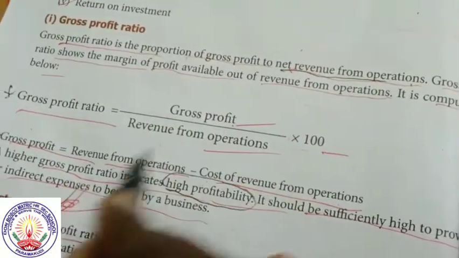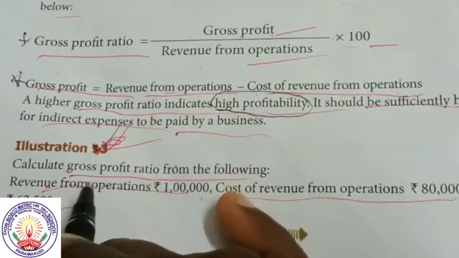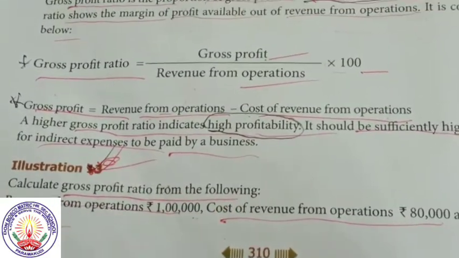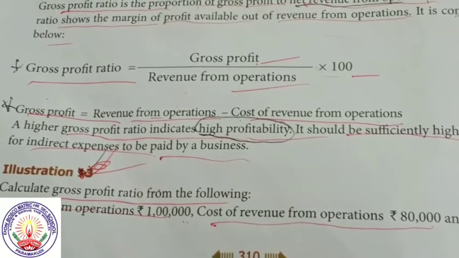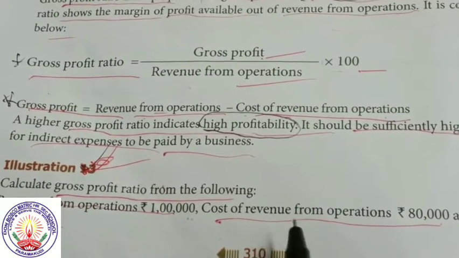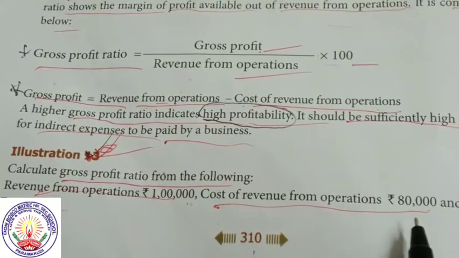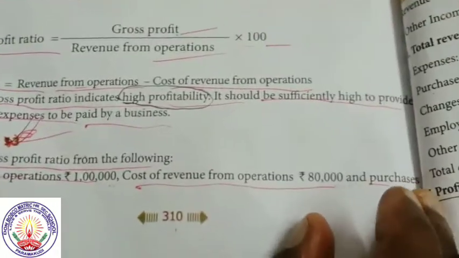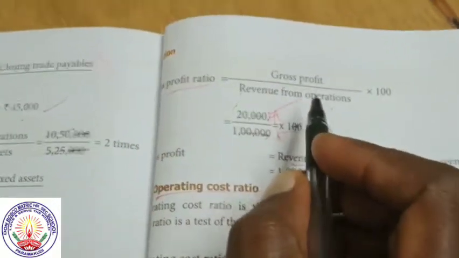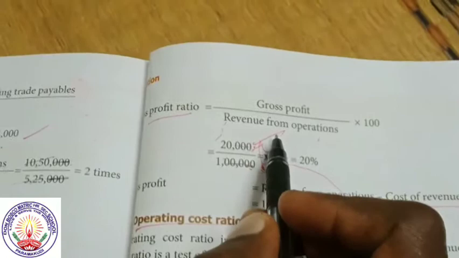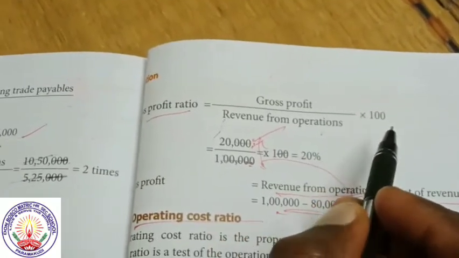First, based on illustration 13. Calculate gross profit ratio from the following information. Revenue from operation rupees 1 lakh, cost of revenue from operation rupees 80,000, purchase 62,500. Now find the sum. Gross profit ratio: gross profit divided by revenue from operation into 100.